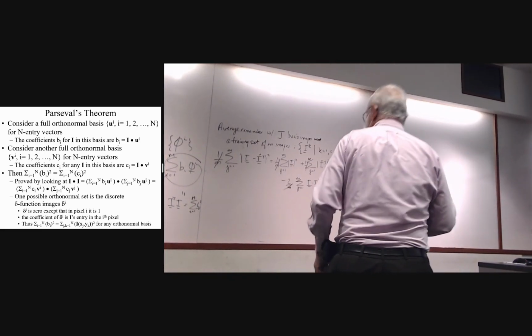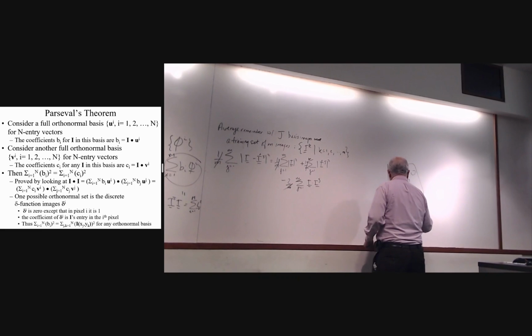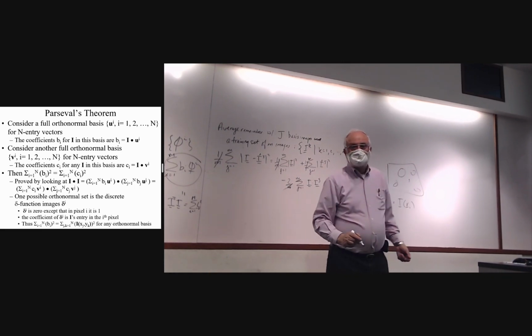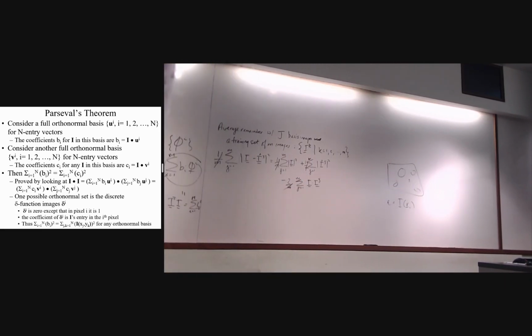But in that orthonormal set, a_i is just the image at position i. The coefficient of the delta basis image is just the entry in the ith position of the image.